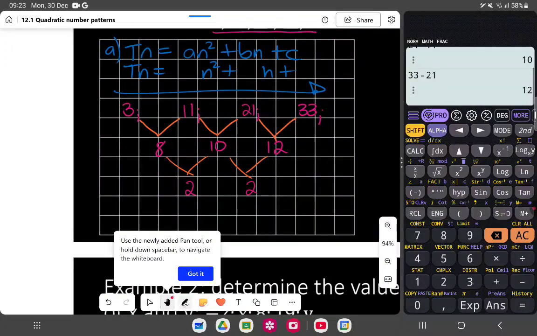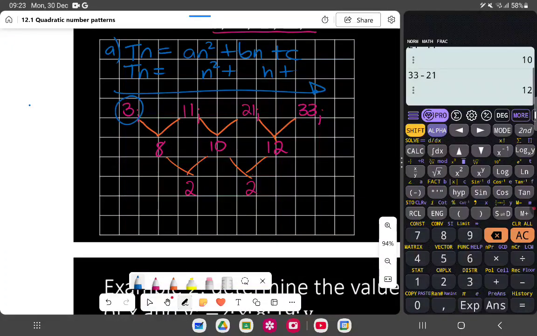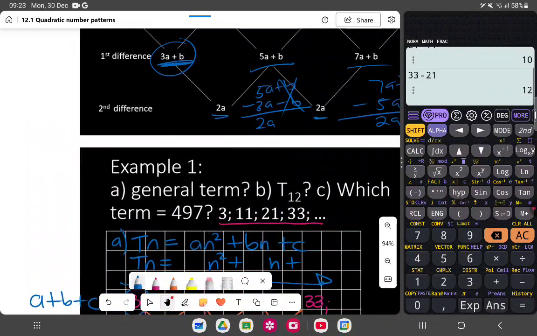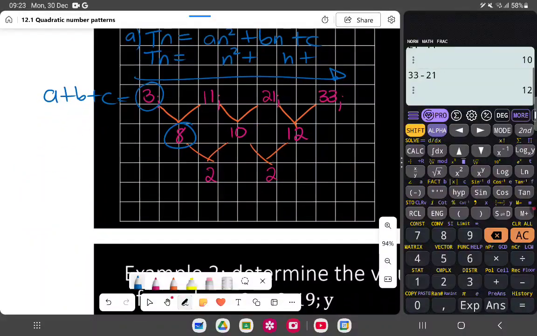So our first one over here, this value of 3 is actually equal to A plus B plus C. Our second value, which is 8, is equal to 3A plus B. Now remember, I told you in our first video that you have to memorize these ABC equations. They're not given to you. Our third one is equal to 2A. These are the equations we're going to use to solve.